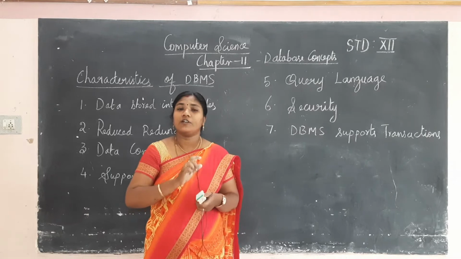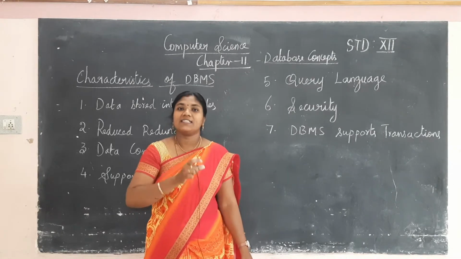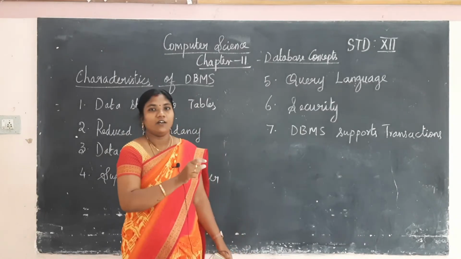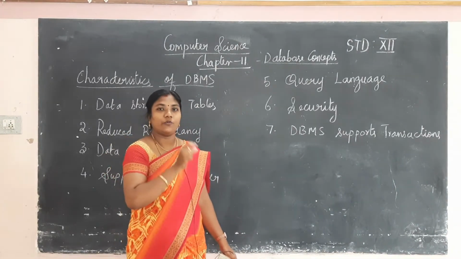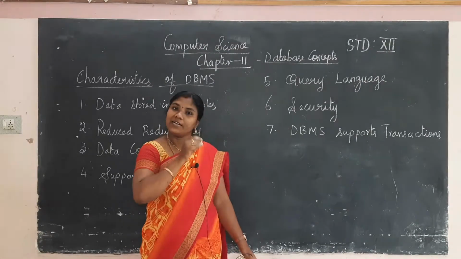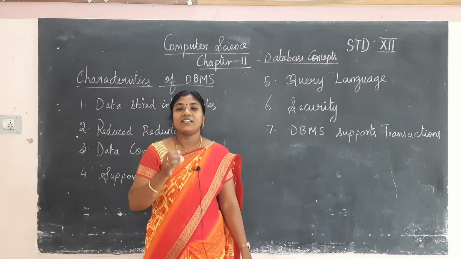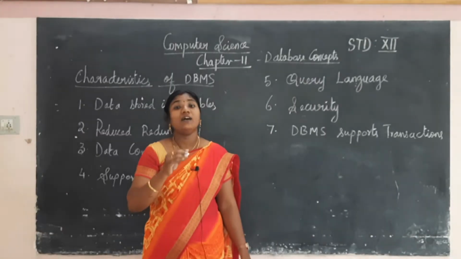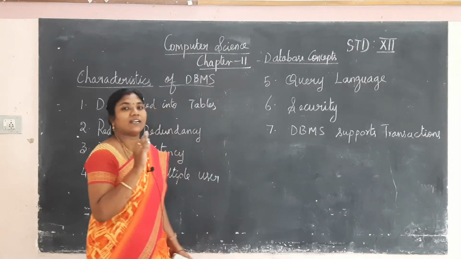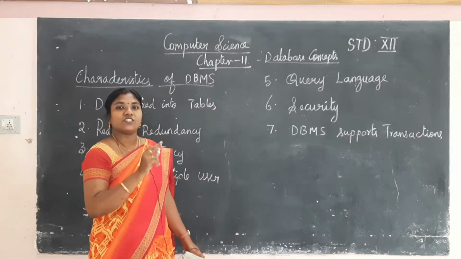It is not stored anywhere separately. It gets directly stored into a table. If a record Anu is there, it will be stored inside the table under the column name. Each and every data is stored in a table. So the first characteristic of a database is that data is stored into tables.